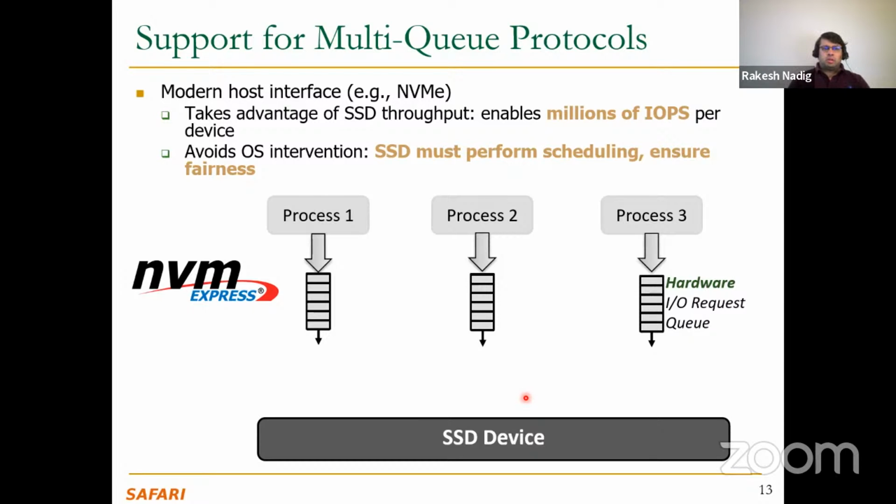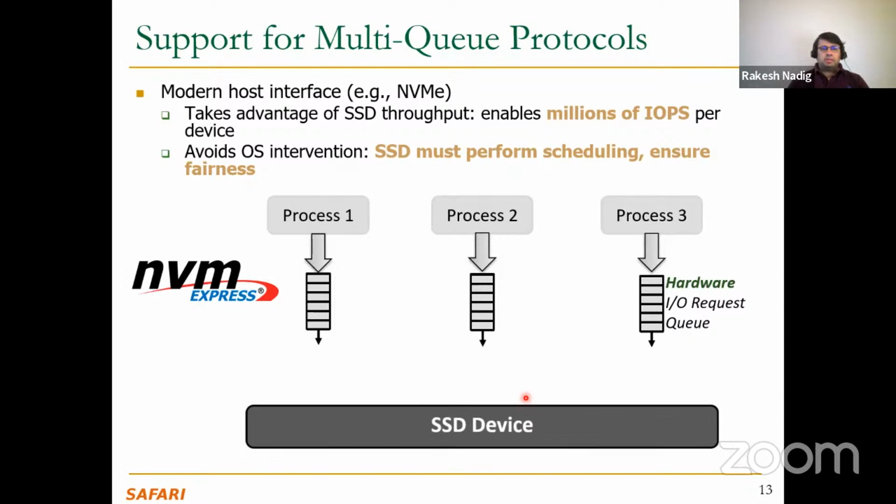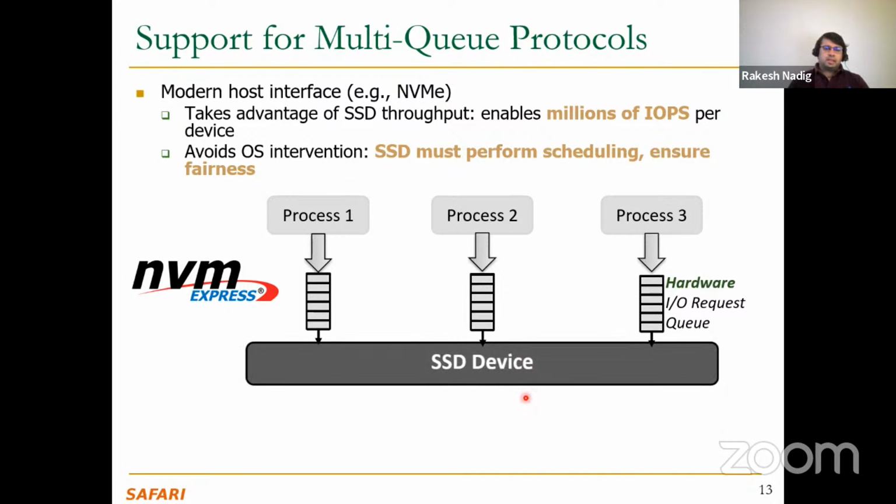And this also avoids the OS intervention, which means that the request can be sent directly to the device from the processes, and these request queues are hardware IO request queues. So the process would directly put the requests in these queues, and the SSD device can handle these queues. So we have got rid of some of the overheads of the operating system, but the main challenge here is that the SSD must perform the scheduling and also ensure the fairness.